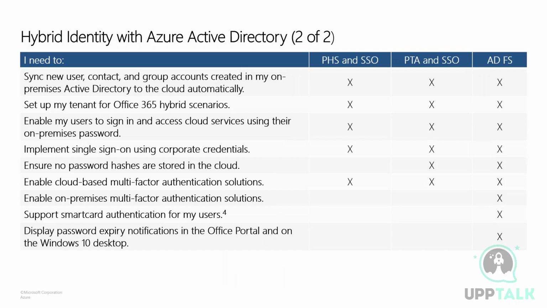Once it comes to architecting, based on the scenario you can make a choice: whether you want to go for password hash synchronization, or the pass-through authentication agent, or Active Directory Federation Services. Active Directory Federation Services will give you the maximum number of options, such as enabling on-premises multi-factor authentication solutions or RADIUS integration.